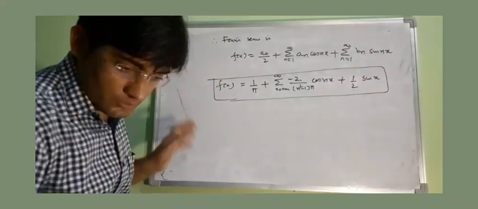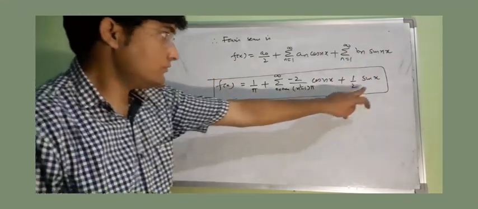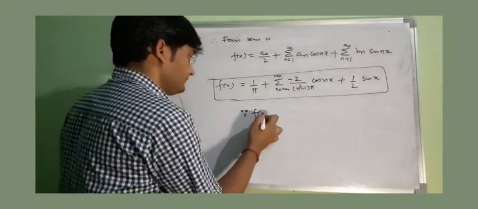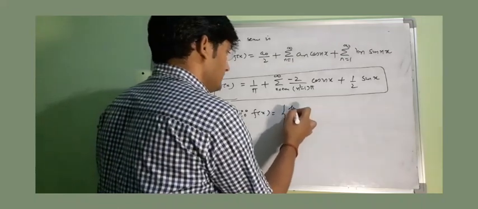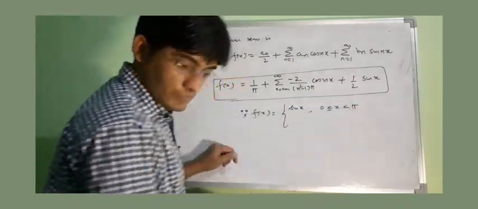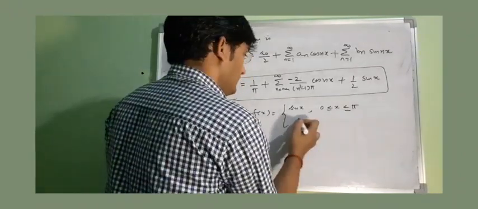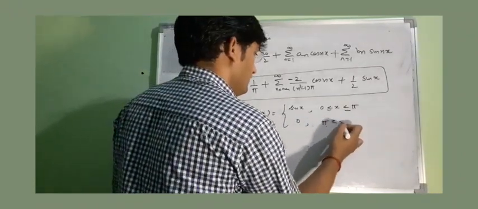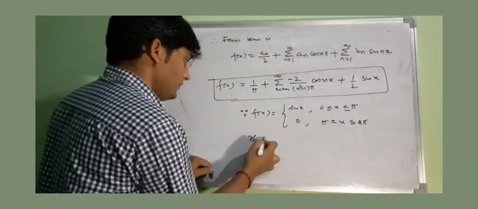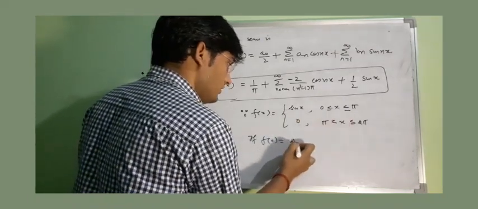So let us put x equal to 0 so that this term will vanish. Because f(x) was sin x when x was between 0 to pi, and this was 0 from pi to 2 pi. So if x equal to 0, then the value of the function will be sin 0, and this is 0.